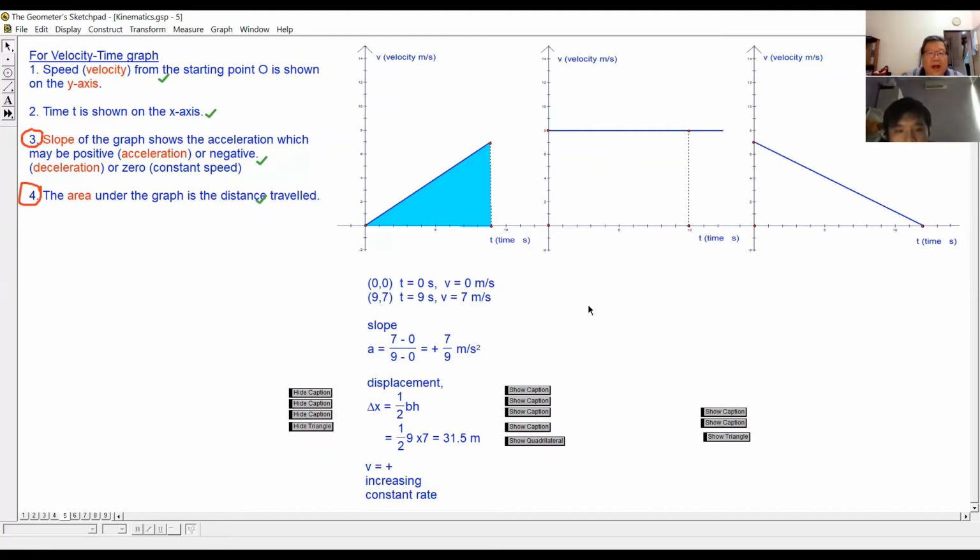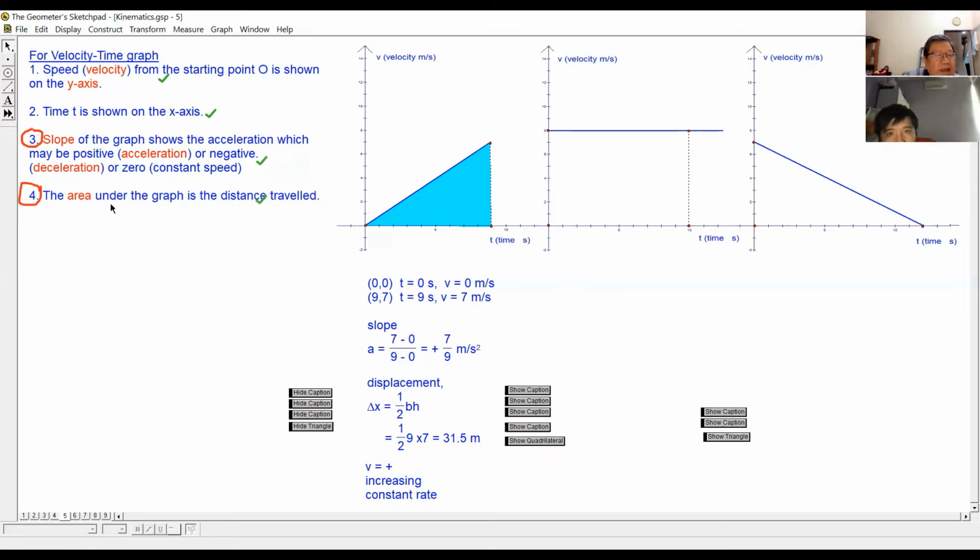Okay, any question? No question. I'm going to summarize what I've said earlier. This is a velocity time graph, and its characteristics are different from a displacement time graph. First, the slope no longer shows the velocity; the slope now shows the acceleration.